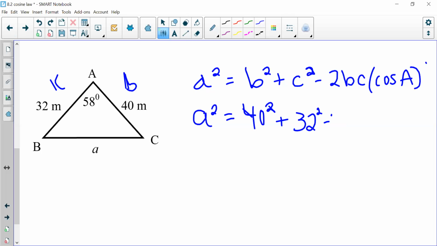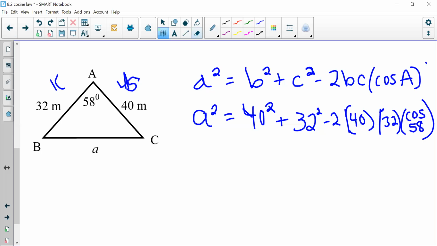So minus 2 times 40 times 32. Oh, I'm going to run out of space. And how big is angle A? 58 degrees. Wonderful.